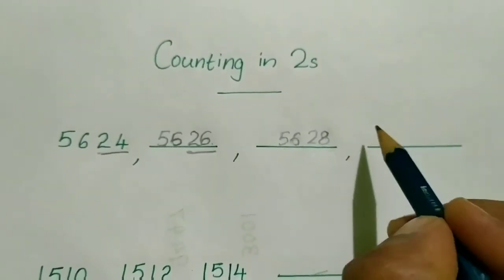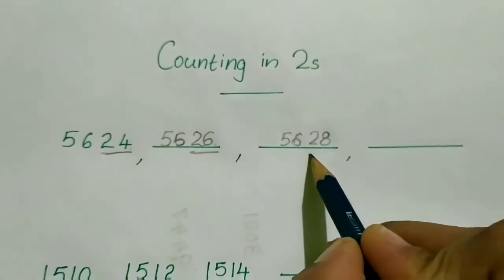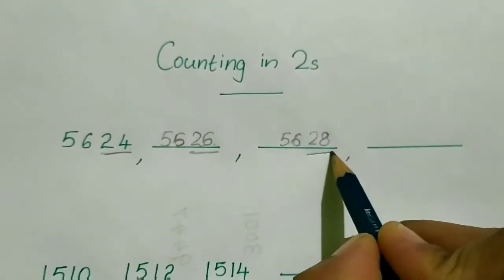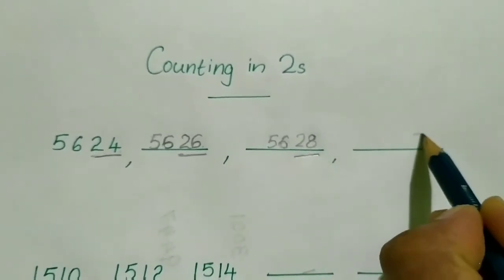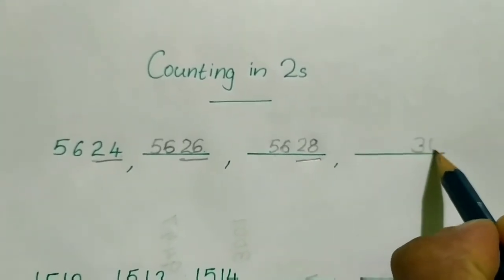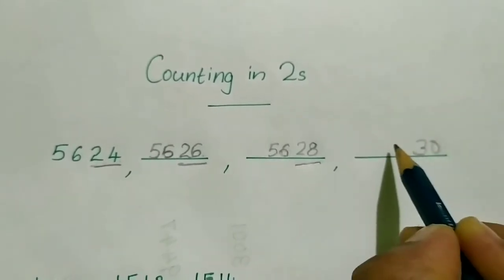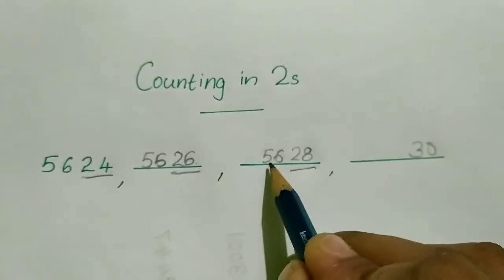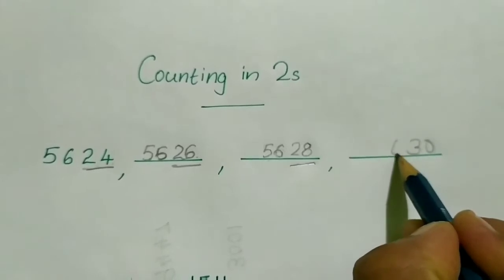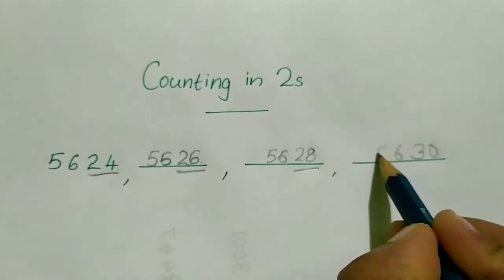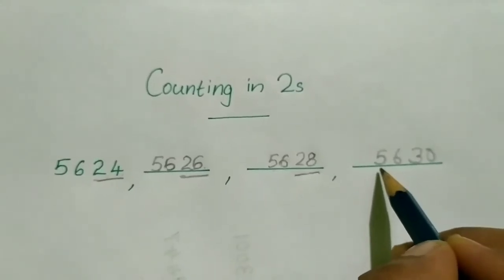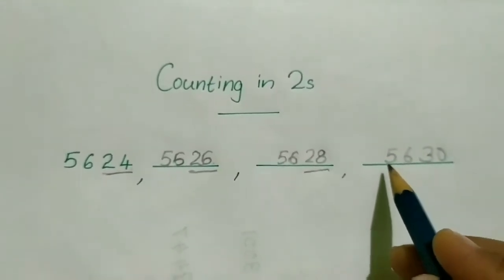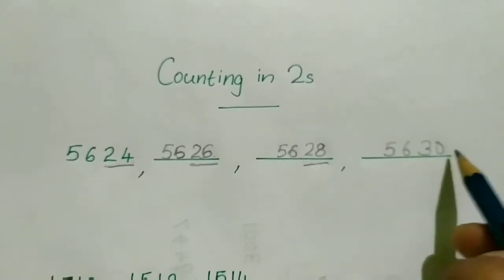Next, add 2 with this number 28. 28 plus 2, 30. So here 30 and in hundreds and thousands place, 6, 5. Hundreds place 6 and thousands place 5. So we will get the number 5630.